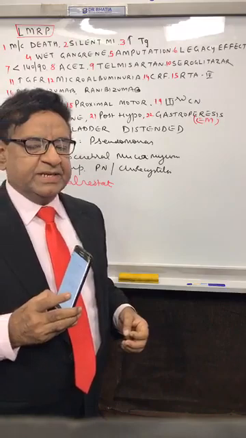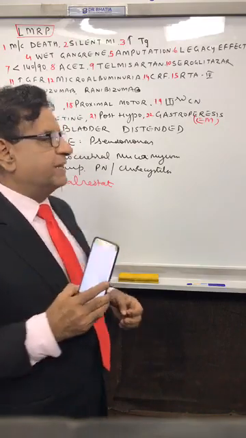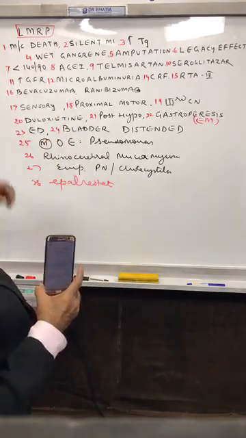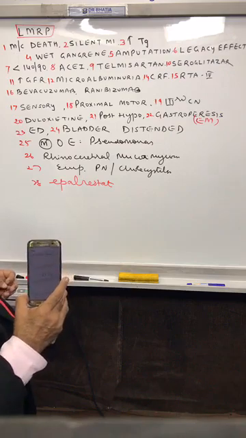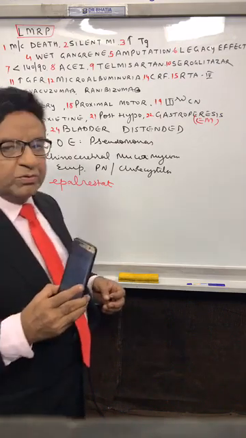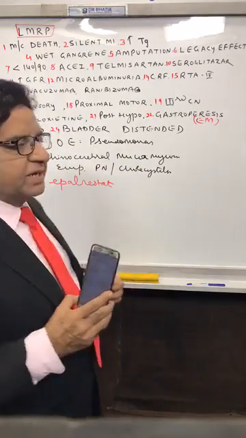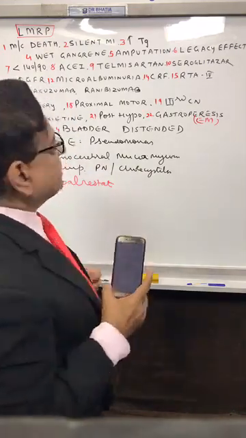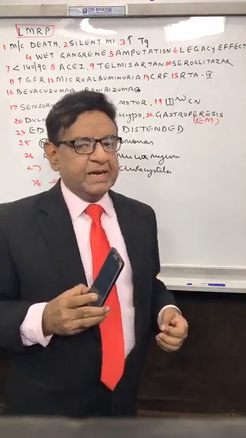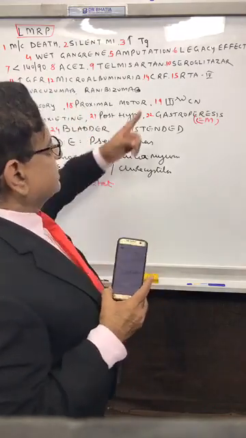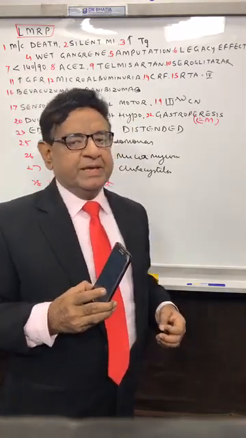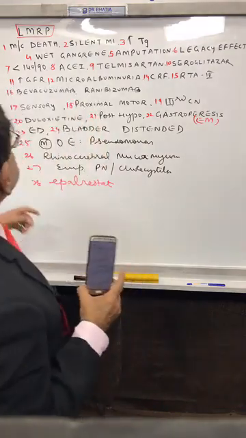Legacy effect is related to cardiovascular mortality in diabetes. Target BP is below 140 and 90, in type 2 diabetes, of course; in type 1 it's 130/80. ACEI is a drug of choice. Telmisartan acts on the PPAR gamma receptor also. Sinoglitazar acts on the PPAR alpha and gamma receptors.